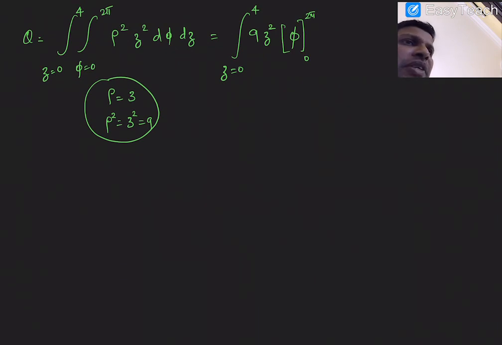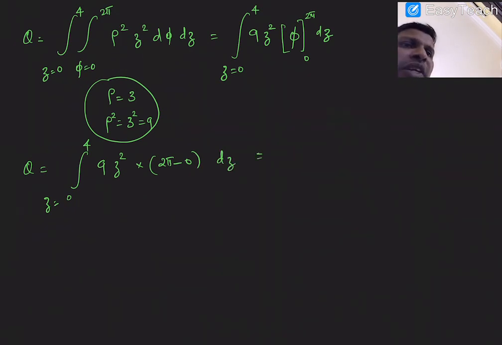Now we will get q is equal to the integral where z changes from 0 to 4 of 9 into z square into, if I give the limit for phi, 2 pi minus 0, into dz. So you will get 2 pi into 9 times the integral where z changes from 0 to 4 of z square dz.